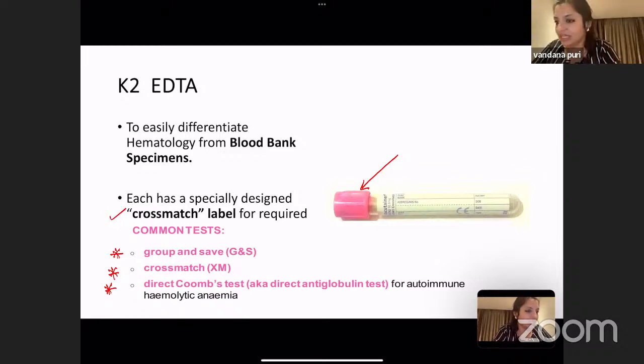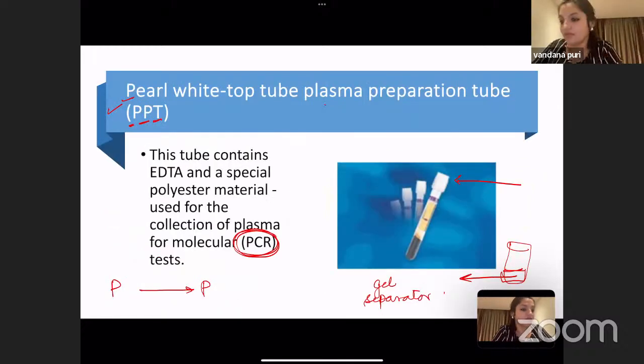Now, let's come to another modification of the EDTA vacutainer: the EDTA vacutainer with a special gel separator. This is called the pearly white tube, and it is basically for plasma preparation. It has a gel separator, so the plasma is prepared very nicely. Everything is in P: pearly white plasma preparation tube.